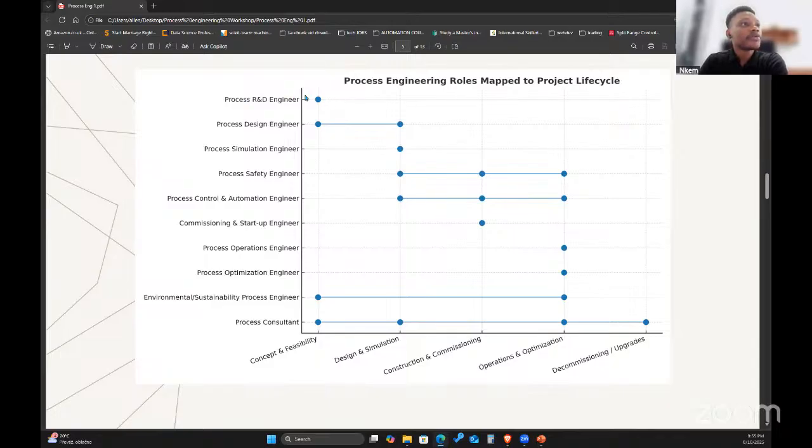So the process R&D engineer, if you look at this chart, you have a dot here. Excuse me. He is responsible for the concept and the feasibility. Usually the feasibility studies, for example, an idea that never existed, he comes up with it and says okay, we can do this, so let's start it up. For example, all the process equipment you have in the industries came from this area.